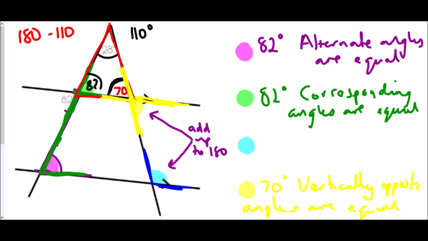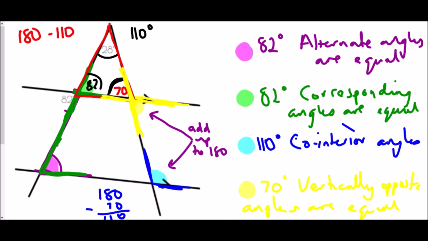And then finally, the blue, we've already said that they must add up to 180, therefore 180 take away 70, well, that is 110, and so the blue one must be 110, and that is because co-interior angles add to 180 degrees.